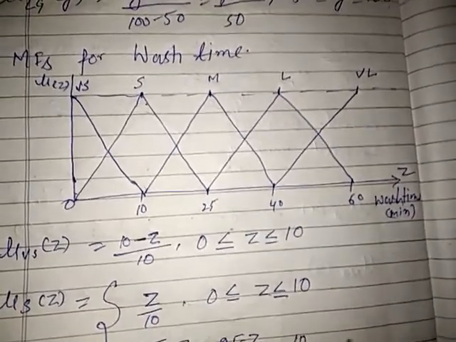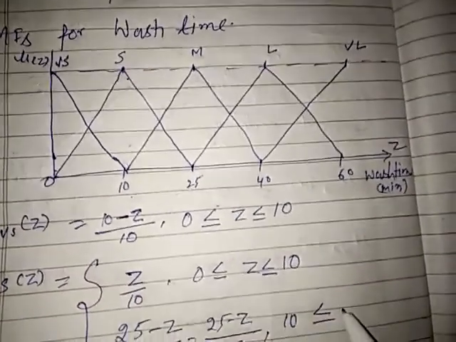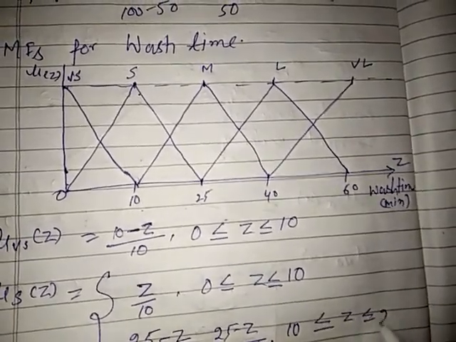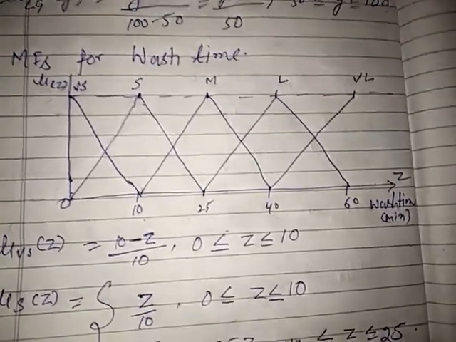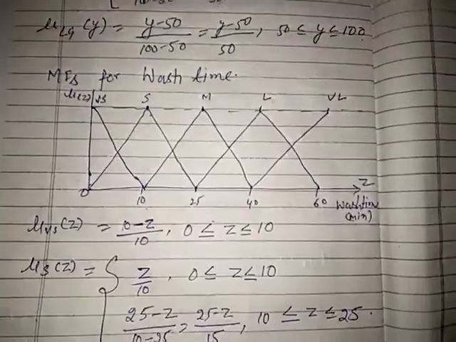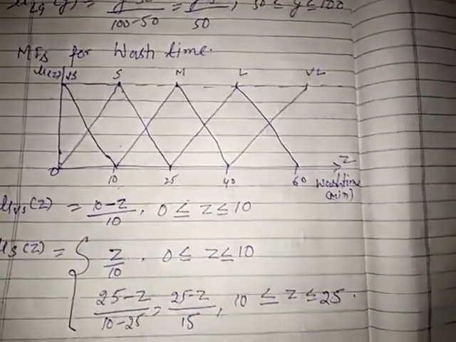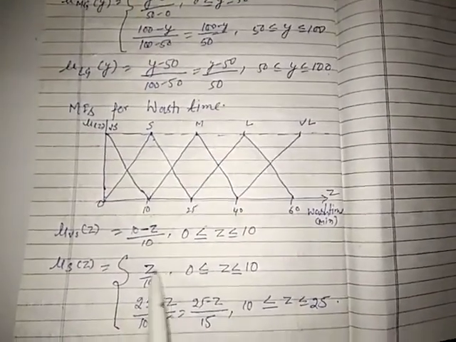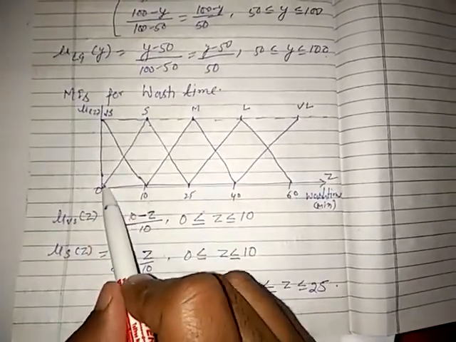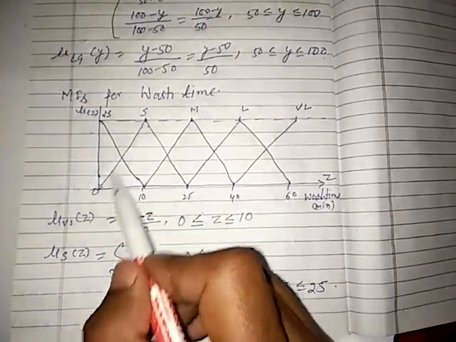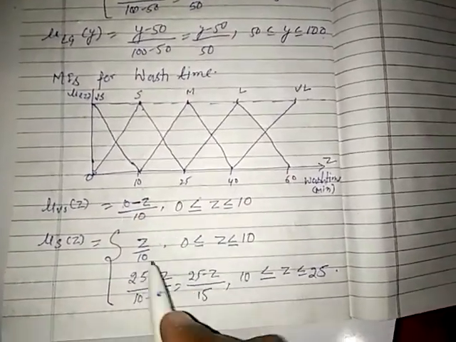So the range is 10 to 25. Here the forward and backward is z minus 0.